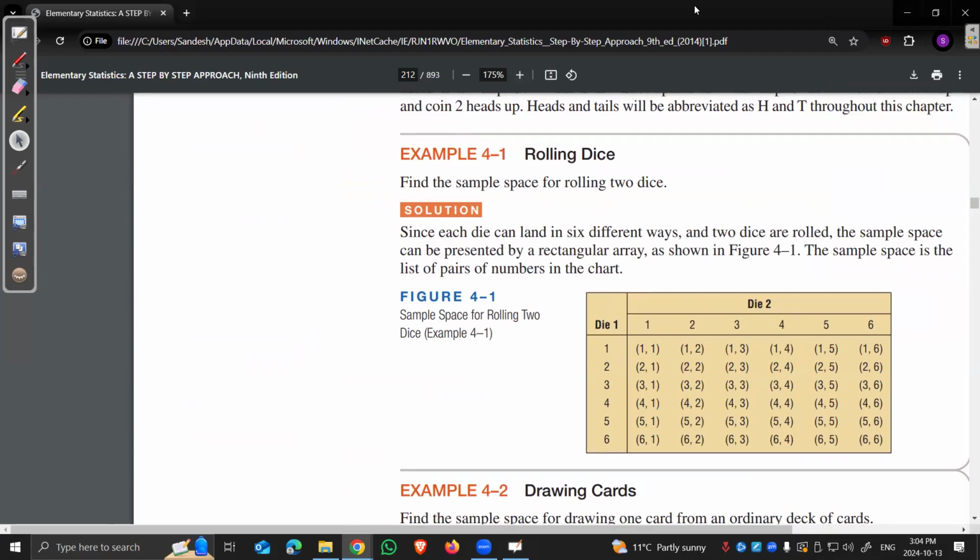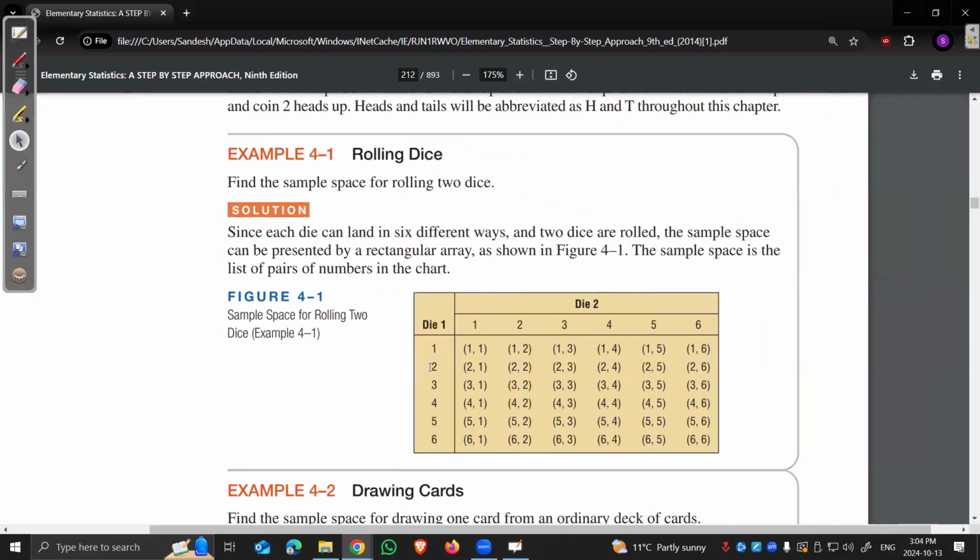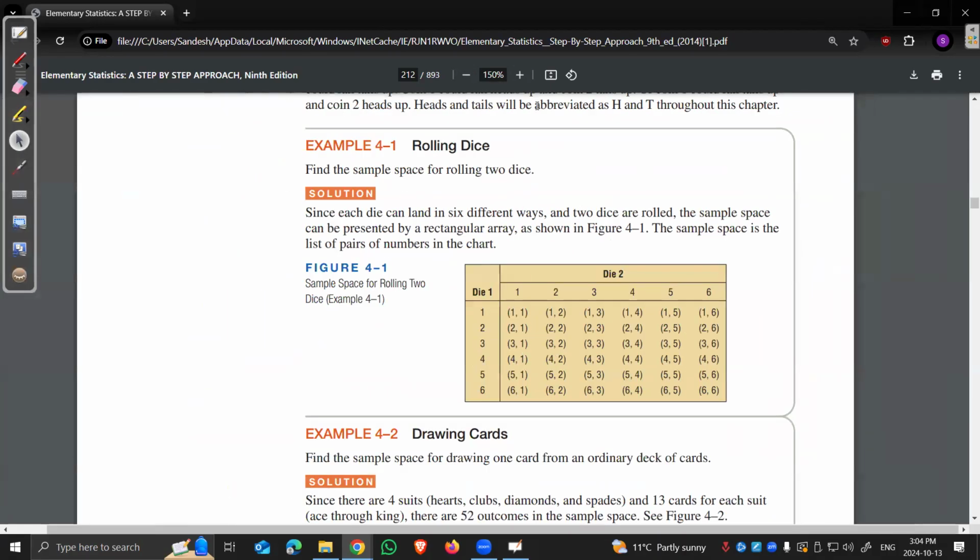A die has six sides. This is called the sample space of your two dice roll. It's basically every single possible outcome listed in a table format. Doesn't necessarily have to be in a table format, but as long as every single outcome is listed, that would be the sample space.